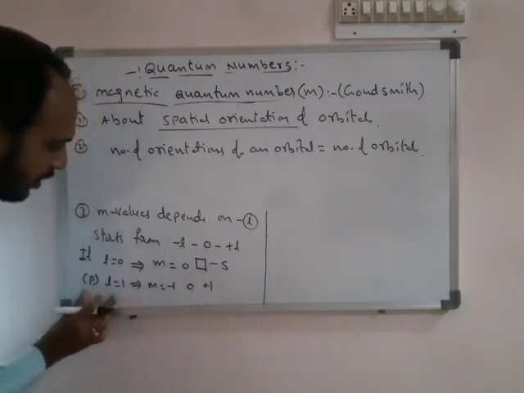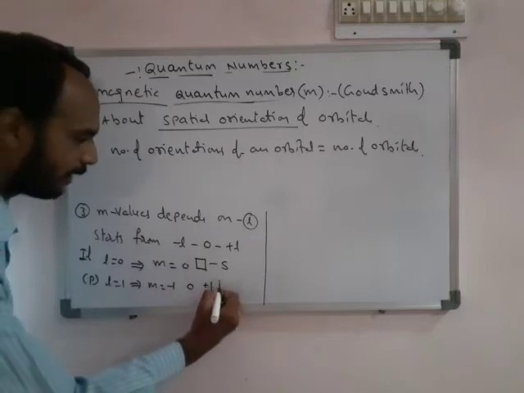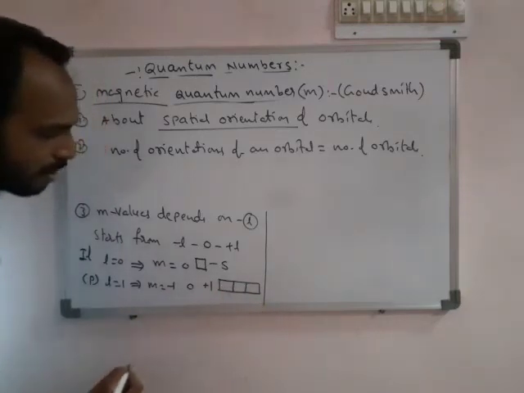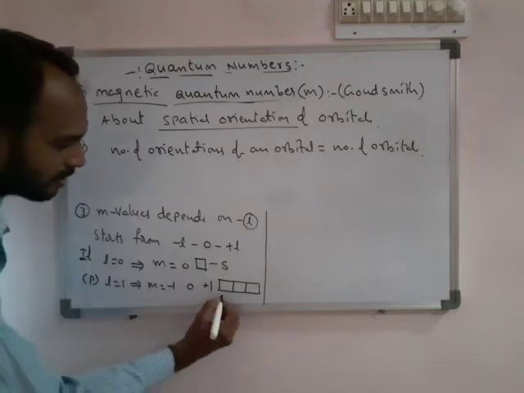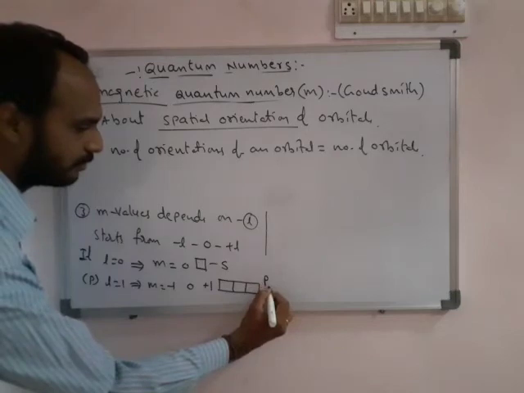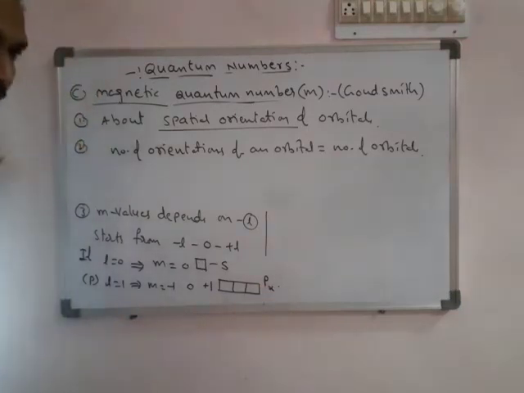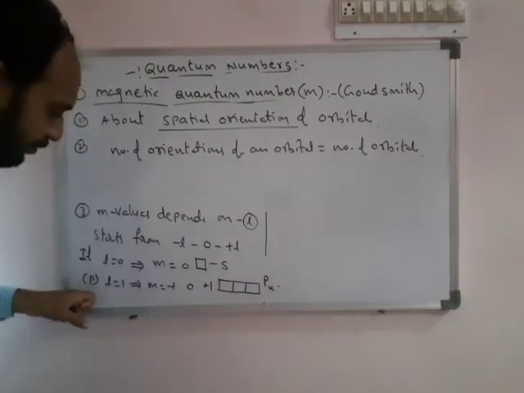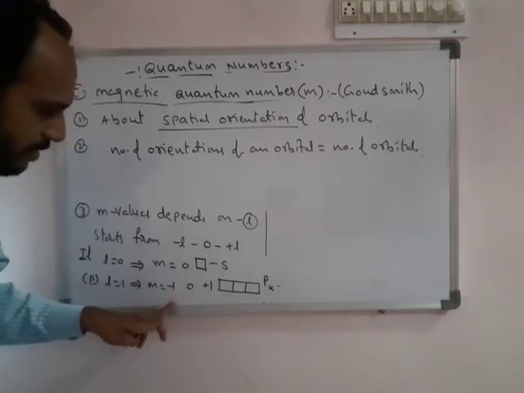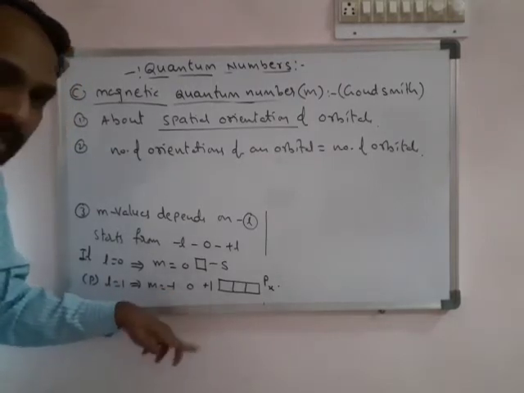For the p orbital we got 3 magnetic quantum numbers, meaning there are 3 boxes. The 3 boxes indicate the orientation of the p subshell in the x direction, y direction, and z direction.